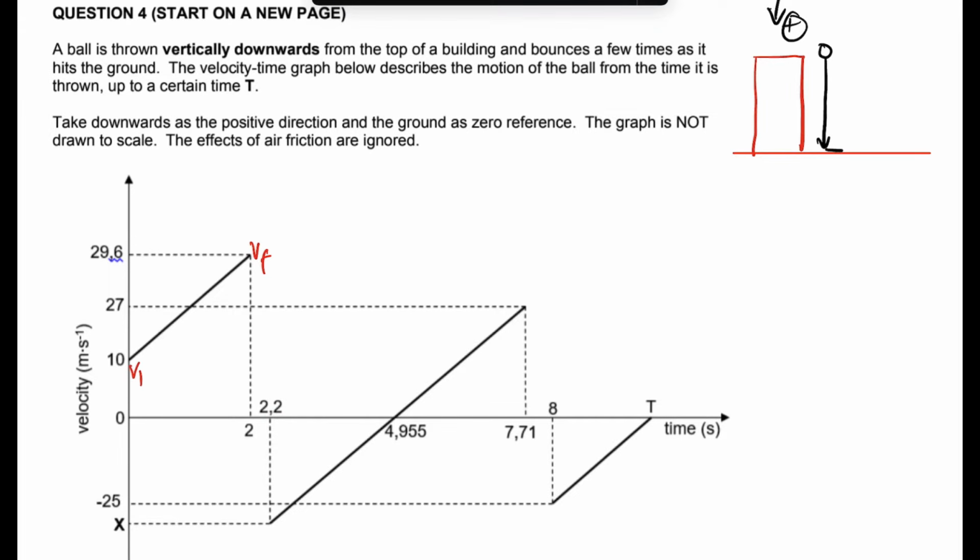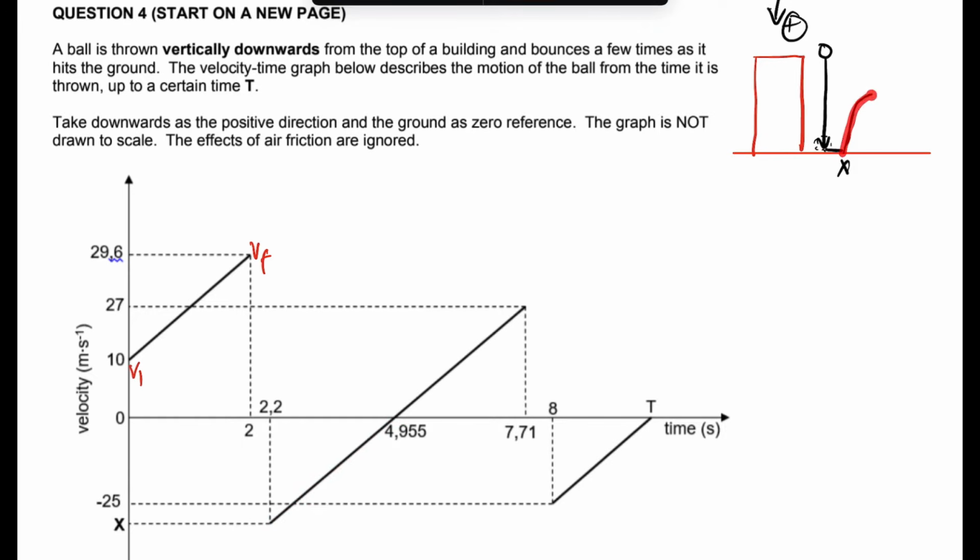So there's the contact time, and then the ball goes up with a velocity x. This velocity x we do not know, and graphically it goes up with this velocity and decreases in the negative direction to the maximum point, which is this point.